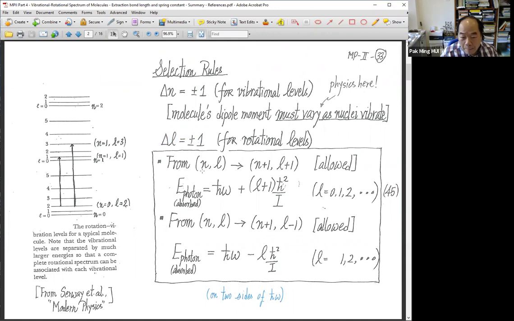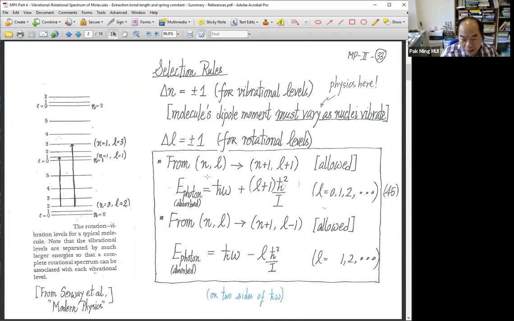Now, if you go up in n, L could have two choices. Then you can work out what the allowed energies are in absorbing the photon. What are the specific energies in absorbing that infrared photon?